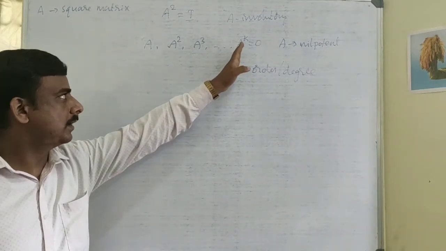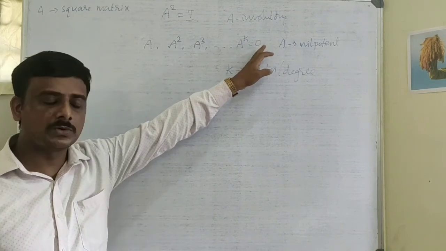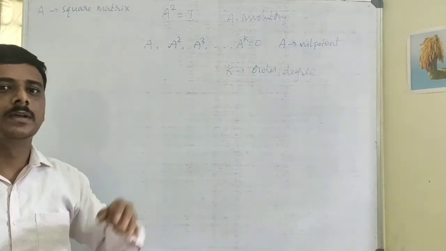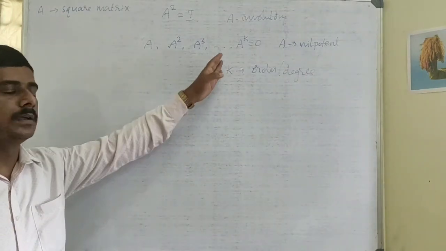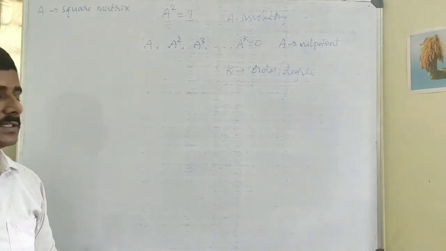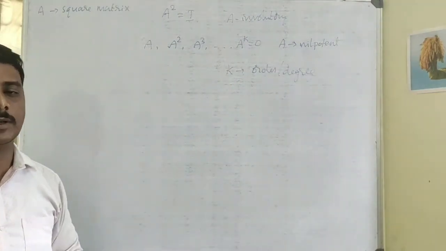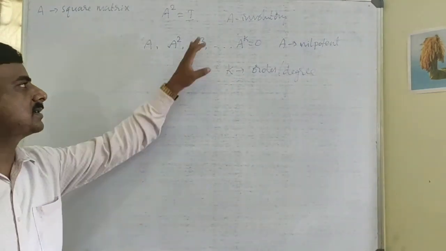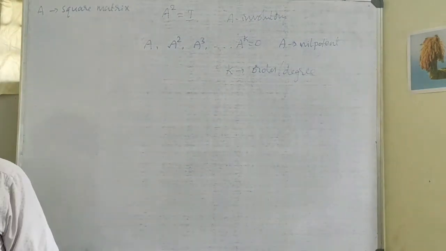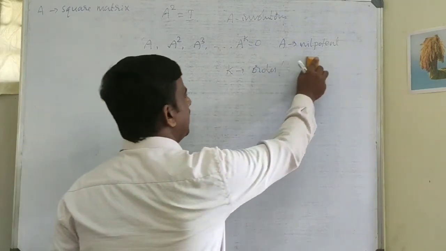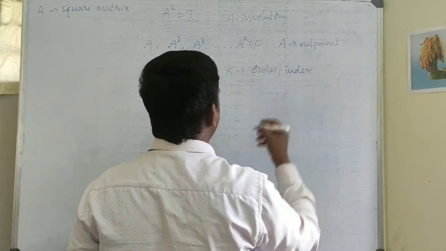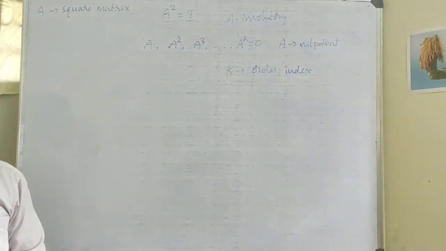If you get A power k equal to 0 for some positive integer k, then the matrix A is nilpotent. If you don't get A power k equal to 0 for any positive integer k, then the matrix is not nilpotent. If the matrix is nilpotent, then k is the order or index, not degree, order or index of A.